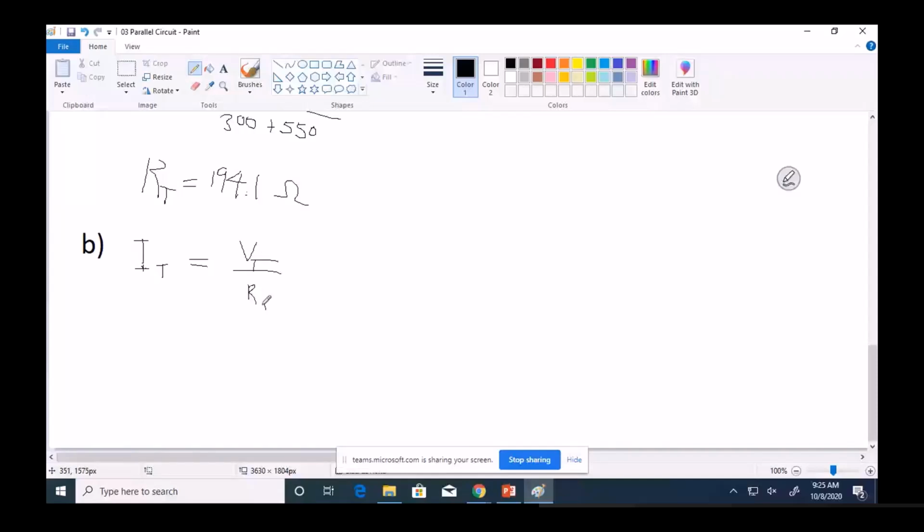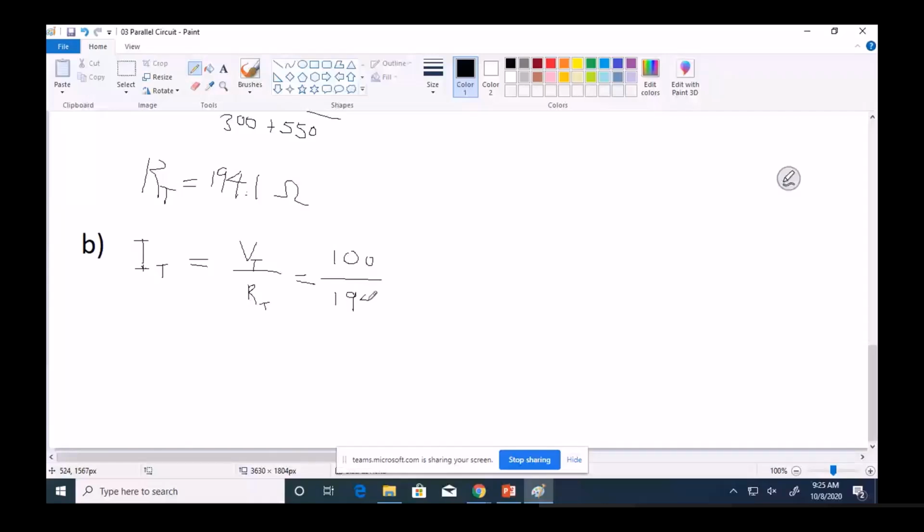So substitute the values. That will be equal to our V total, 100, divided by 194.1.